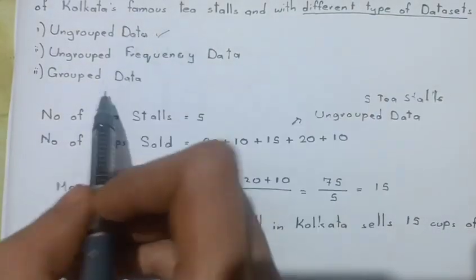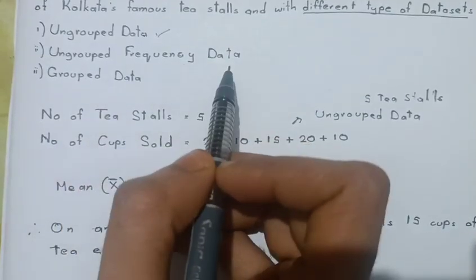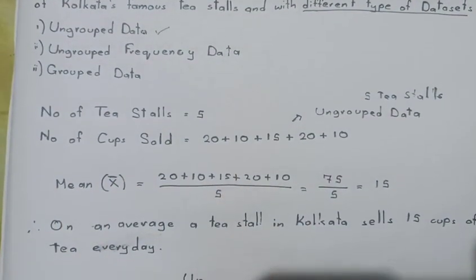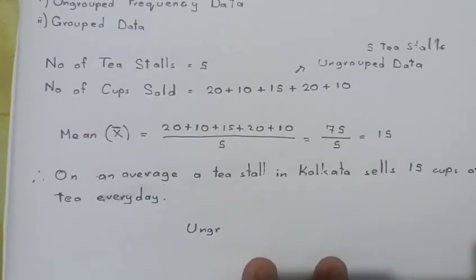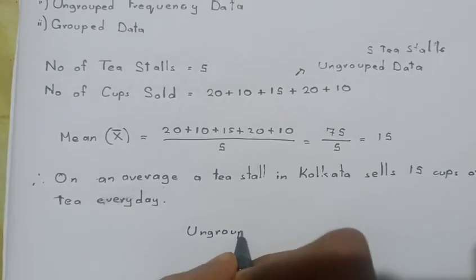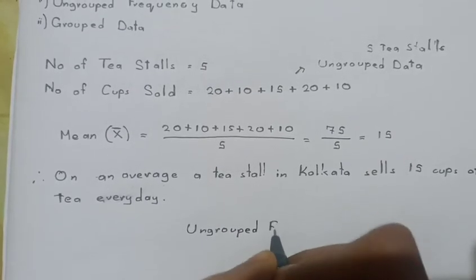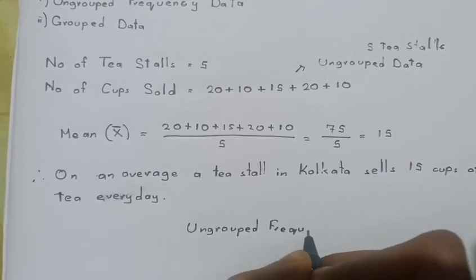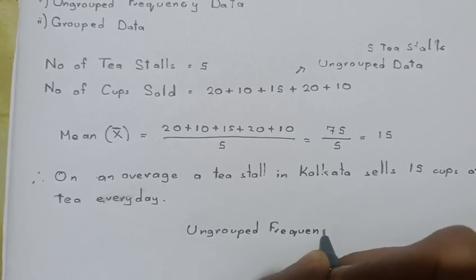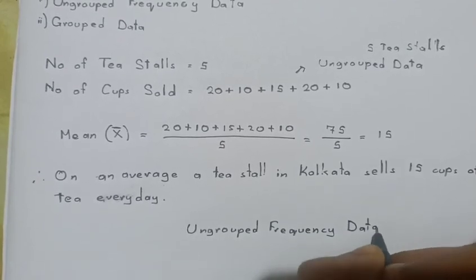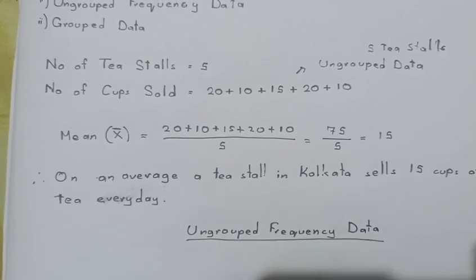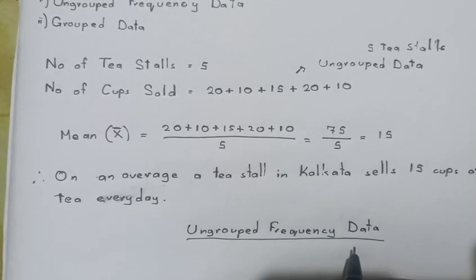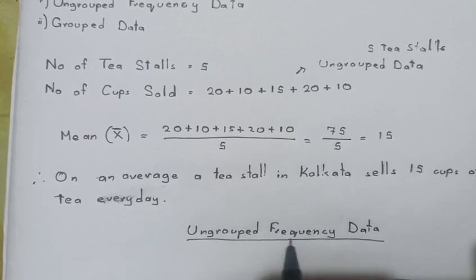Now we know that this is easy for ungrouped data, but what about ungrouped frequency data? Now the story will be something similar but a little bit different. This ungrouped frequency data is very much the same.